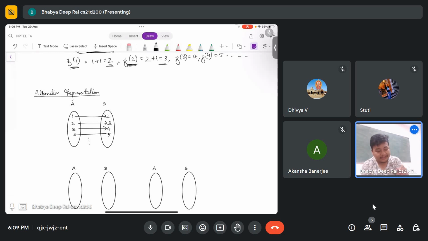So this is a function in the set theoretic sense also. Why? Because it never happens that 2 or 3 or 4 maps to two elements at the same time. It cannot be that 4 maps to 5 and also 4 maps to 6. Something like this never happens. So this is an example of a function.